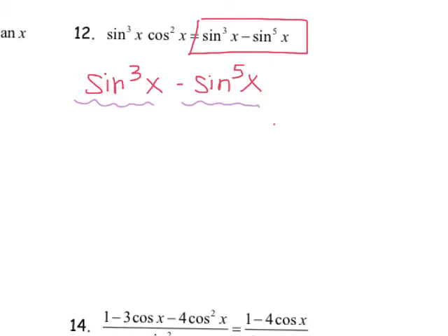Two groups, something minus something. Both groups have sine. Go higher than that. Sine squared, go higher than that. Sine cubed. So sine cubed is the greatest common factor.